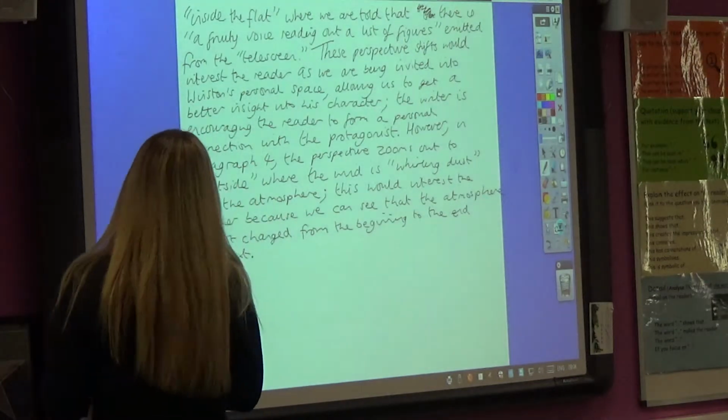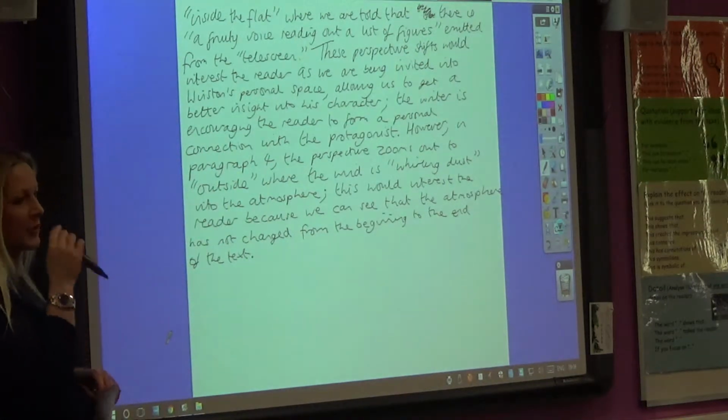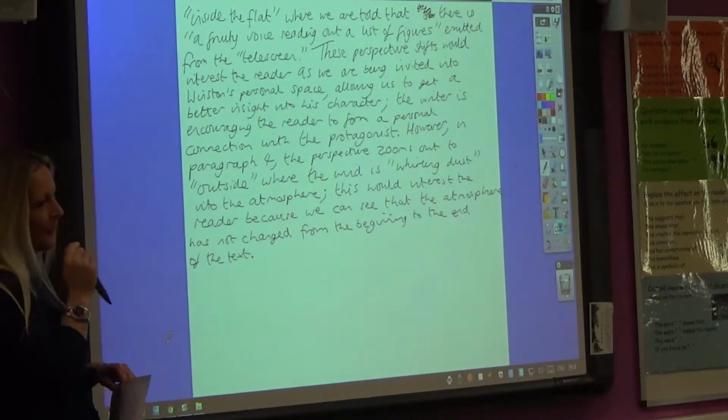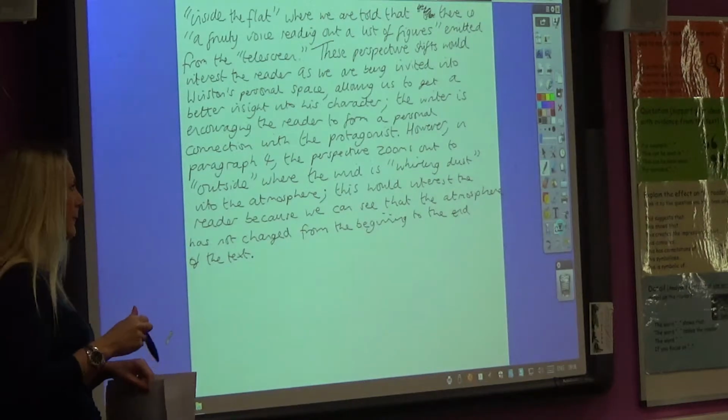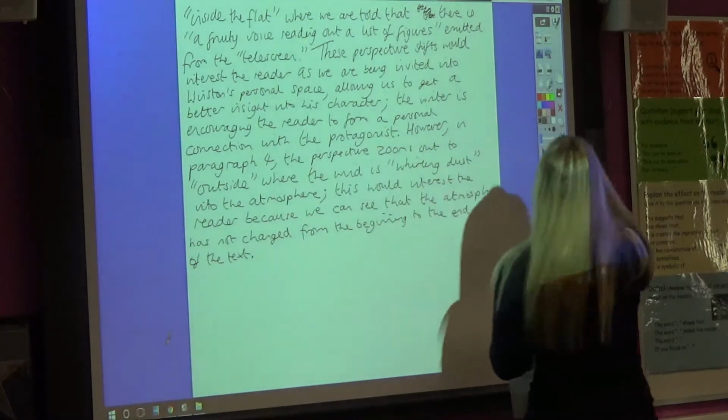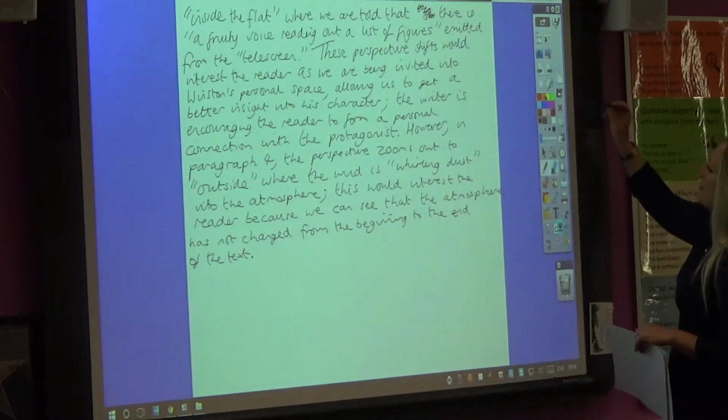And then in your 3rd colour, you need to highlight anywhere where we've mentioned interesting the reader. So just quickly do that if you can. I'll do it with you. So I think my quotations were orange.